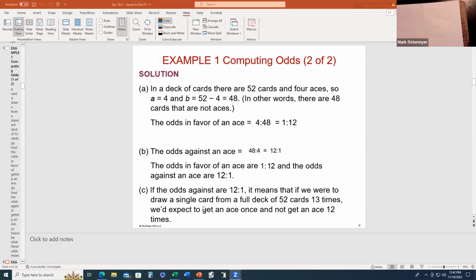It basically means that if you were to select randomly 13 cards from this deck of cards, we would expect to get an ace only once and to get a card that's not an ace 12 times. That's a way of interpreting what 12 to 1 odds means for not selecting an ace. Again, if we selected 13 cards from this deck, we would expect 12 of those 13 to yield a card that's not an ace, and only one of those cards to yield an ace.